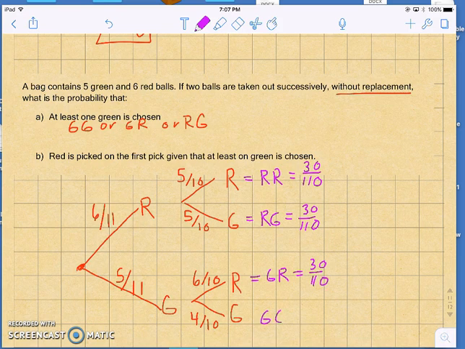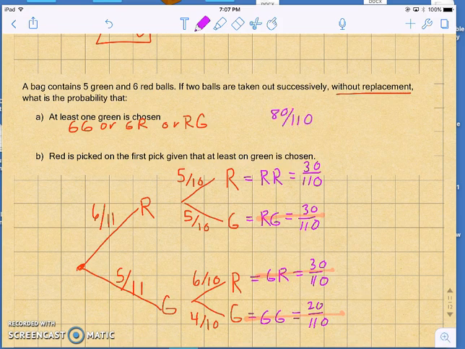And then a green green would be 5 times 4, 20 out of 110. And let's see if that matches up. So we want at least one green. So that would be this one, this one, and this one. So if we add those together, 30, 60, 80 out of 110.